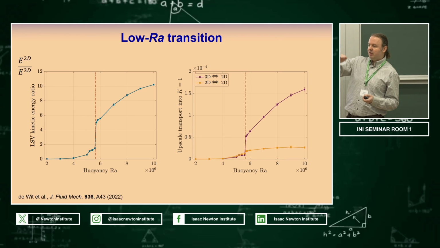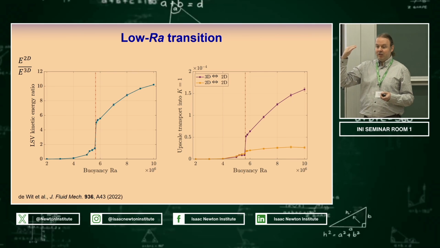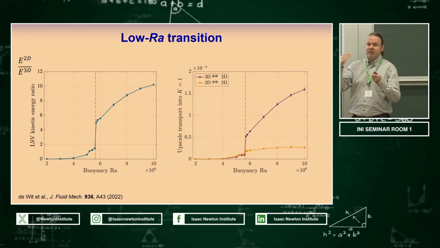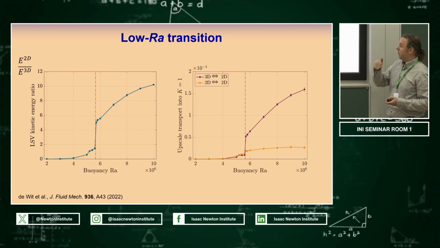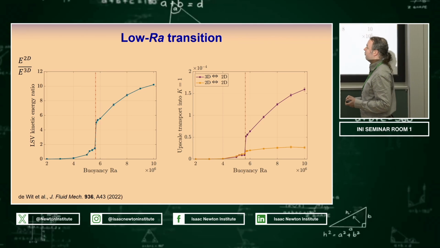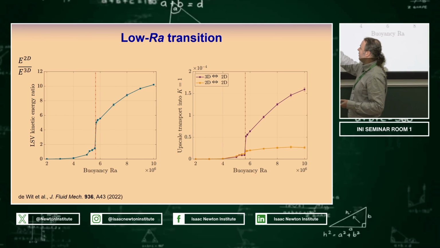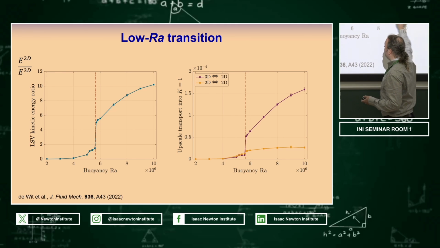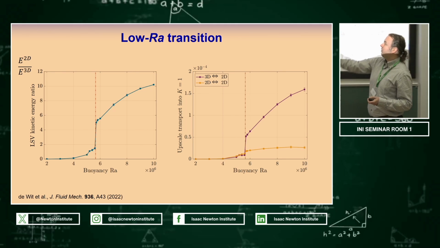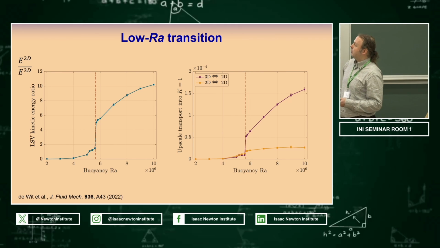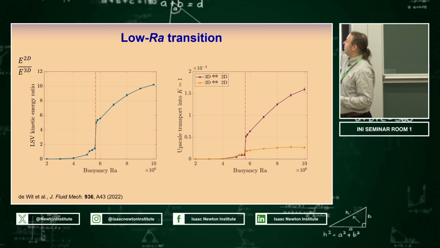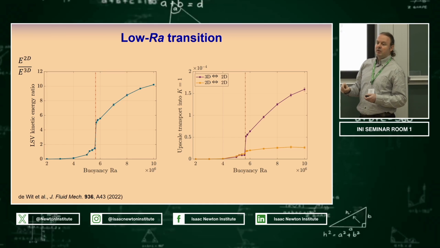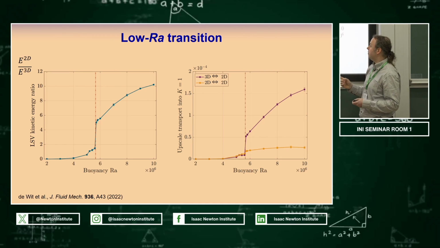This is where we transition from a state where there's just enough turbulence to set up this whole energy transfer process, towards the formation of large-scale vortices, which is on the right of both these diagrams. First I show the ratio between 2D and 3D energies, and on the right, the upscale transfer of energy into the K equals 1 mode.